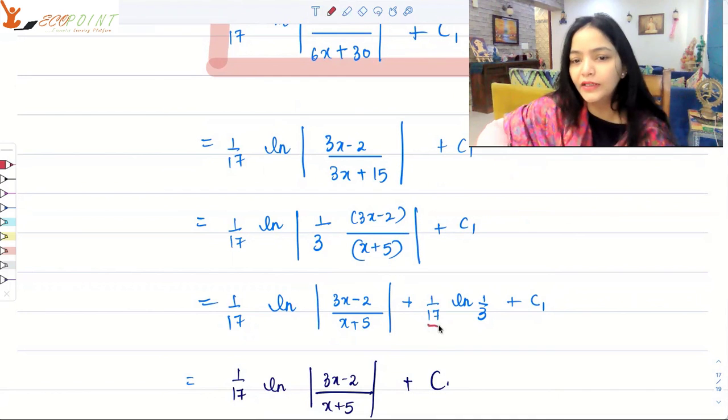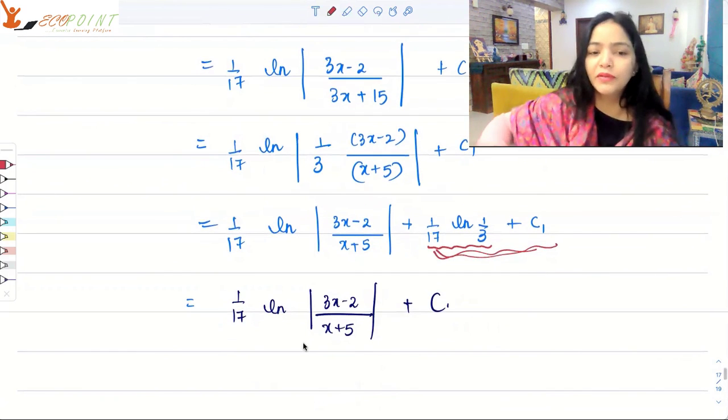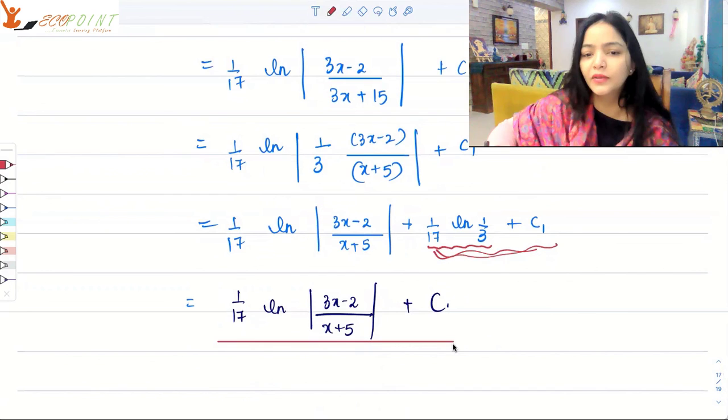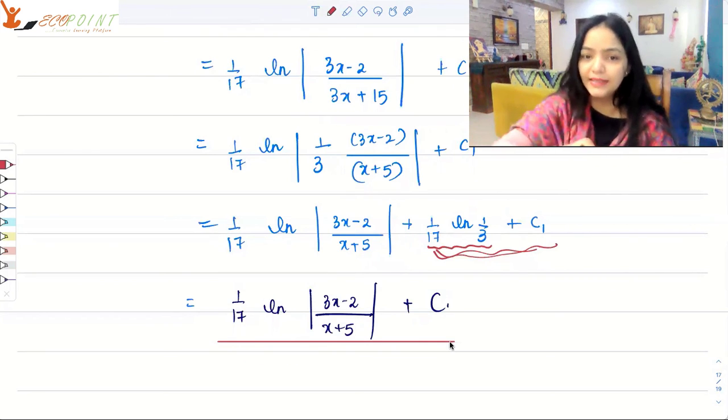So I've taken it to this side, and this entire thing is just a constant because log 1 by 3 is a constant. So the most simplified form of this integral will be 1 upon 17 log modulus of 3x minus 2 upon x plus 5, plus c, the constant.